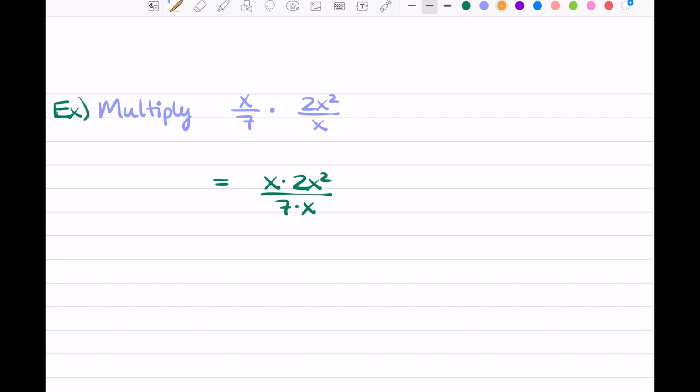And you can see we have an x on top and an x on bottom, so we can cancel those out. And as you get more practice, you'll notice that you can cancel in the very first step. You're multiplying two fractions, and there's an x on top and an x on bottom. So that saves you one step. And cleaning this up, we'll get 2x squared over 7.